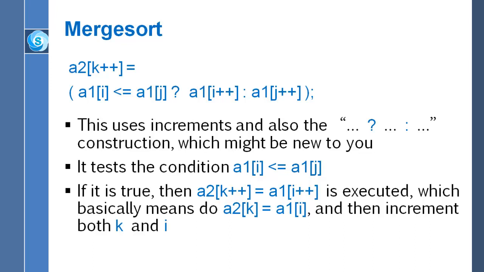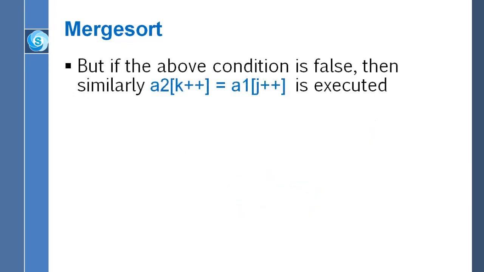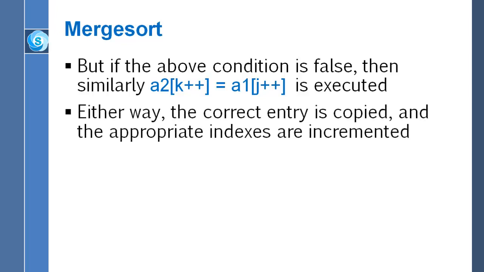If what's in position I of the original array is less than or equal to what's in position J of the array, then we want to copy what's in position I into the auxiliary array at position K, and afterwards increment both I and K. But if that condition is false, then we want to copy what's in position J of the original array into the auxiliary array at position K, after which increment both J and K. Okay?